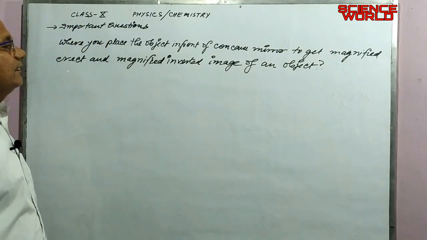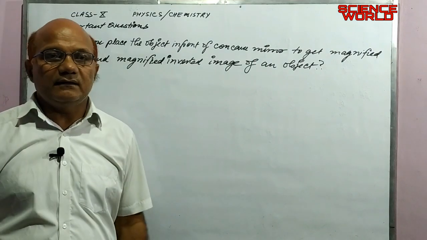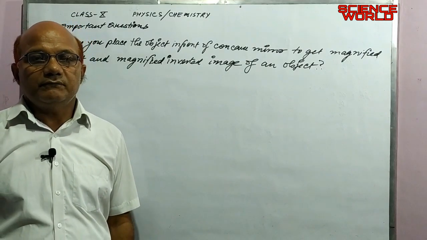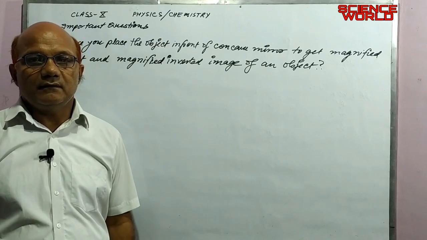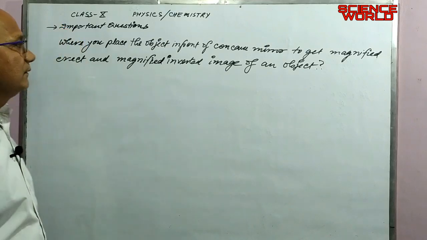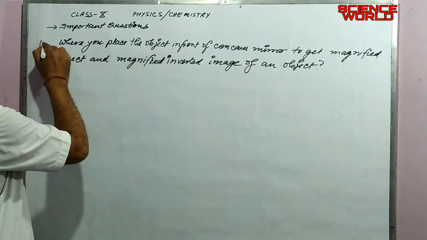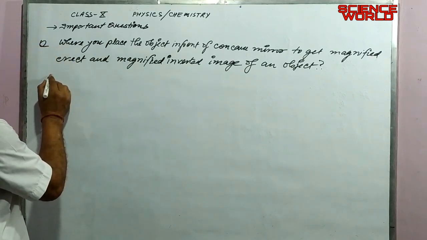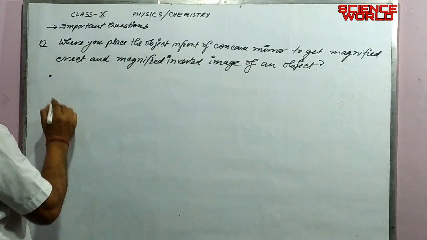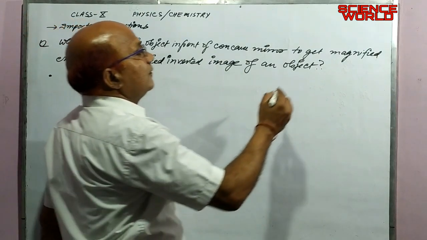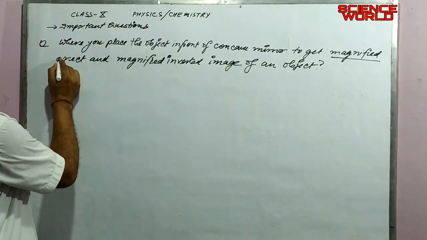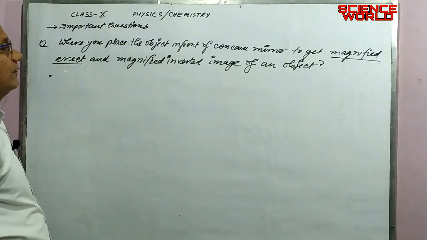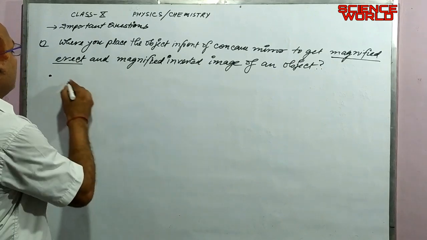So let us see, as you have studied ray diagrams about the formation of image by concave mirror. So this is a related question. As you know, to get magnified erect image, where you place the object?